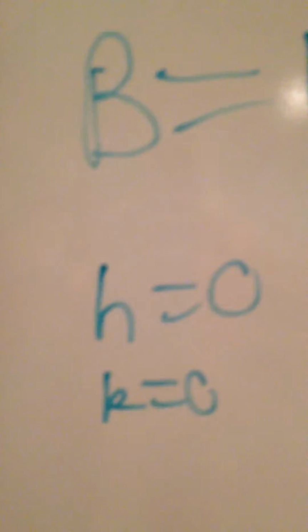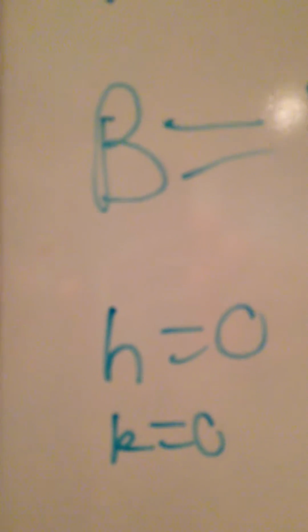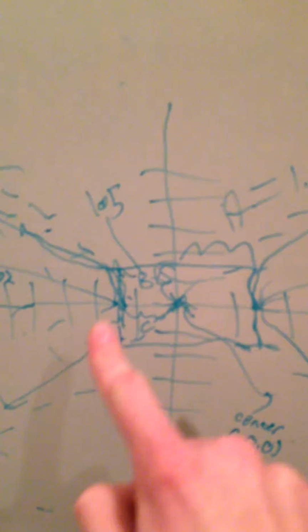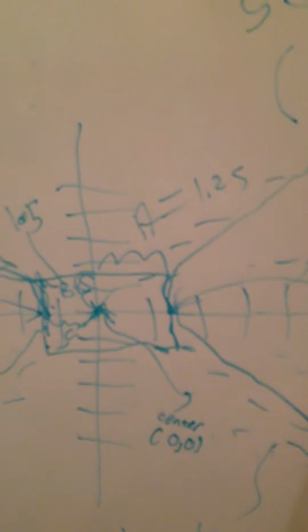So that means it's (x minus 0) squared over a squared and (y minus 0) squared over b squared. So we're going to look back at the graph to find the a and b values. You can see in my graph, there's this box right here. It's an invisible box, but I drew it on there.